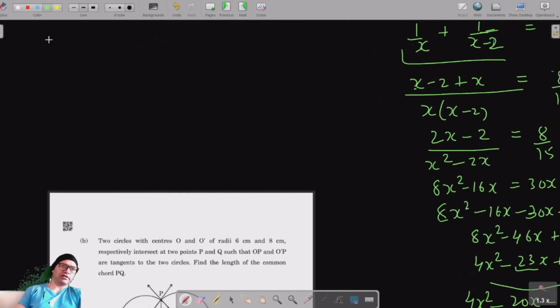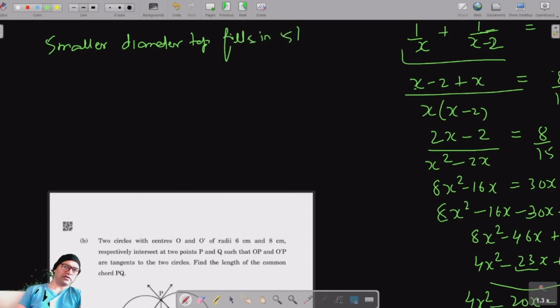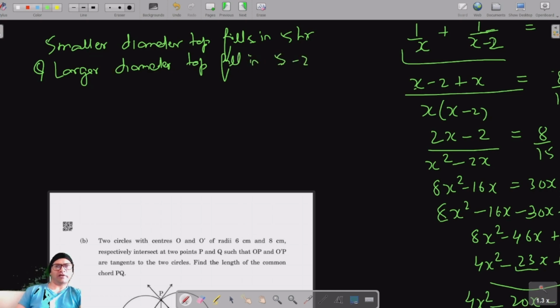So we can write smaller diameter tap fills the tank in 5 hours, and larger diameter tap fills it in 5 minus 2 is equal to 3 hours.